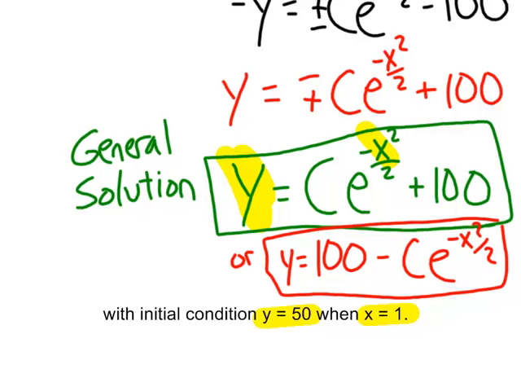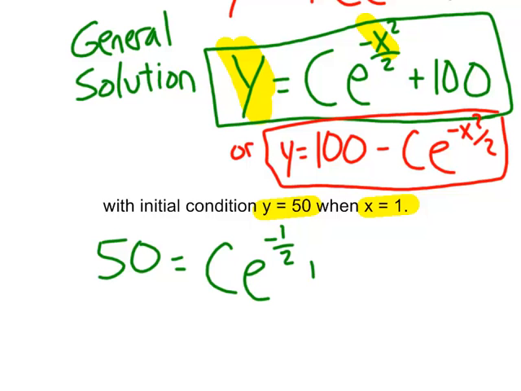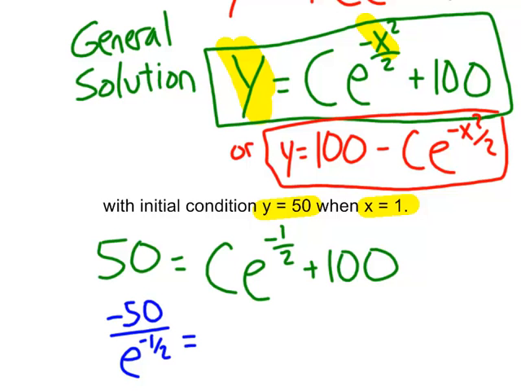Okay, and that's going to give us 50 equals c e to the -1 squared over 2, or just -1 over 2, plus 100. And at this point, I'll subtract 100 from both sides. That'll give me -50 over here. And then I'll divide by the e to the -1/2.